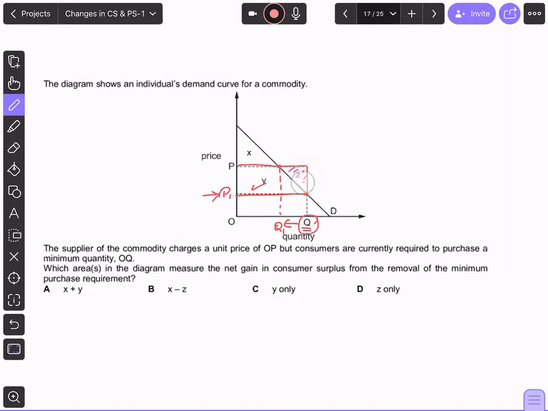This area will be the net gain in the consumer surplus because they didn't wish to buy OQ at OP, सही है, वो OP पे नहीं खरीदना चाहते क्वांटिटी OQ, लेकिन अगर आप प्राइस को रिड्यूस कर दोगे to P1, then they might buy, सही है. So the only area is area Z, which will be the net gain in the consumer surplus. अगर आप minimum buying requirement हटा दो तो. The answer will be D, not B.